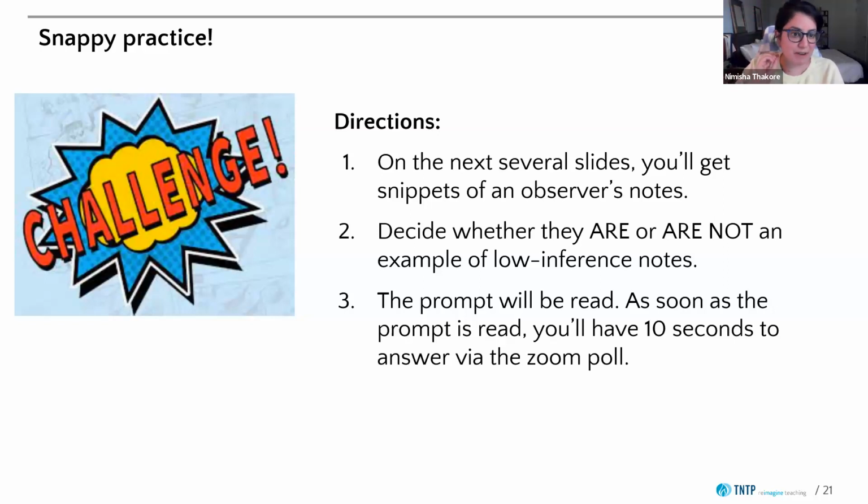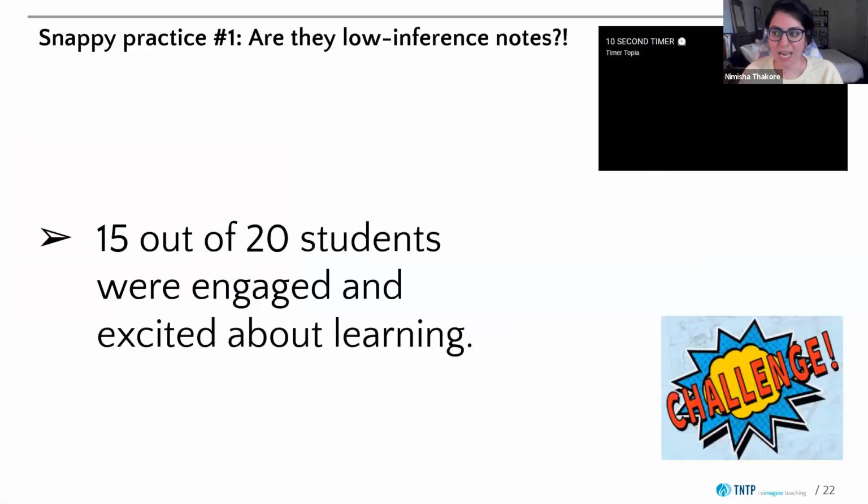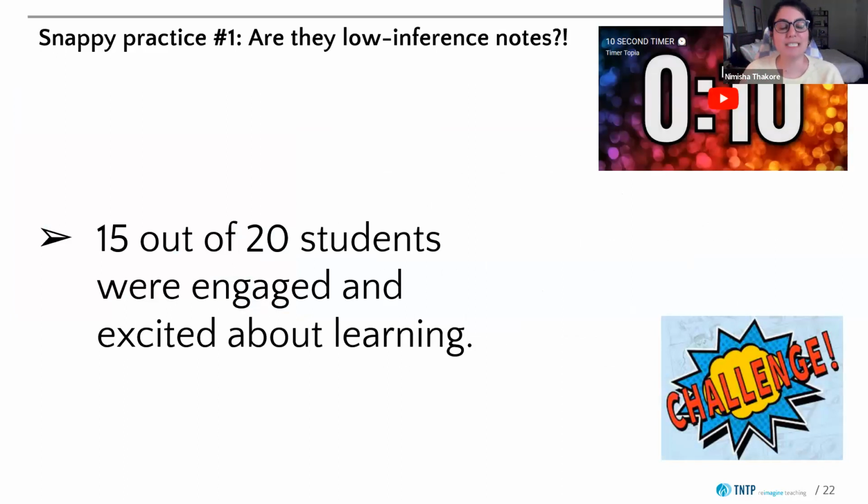Yes, these notes are low inference. No, these notes are not low inference. Are we ready? Okay. Prompt number 1. 15 out of 20 students were engaged and excited about learning.